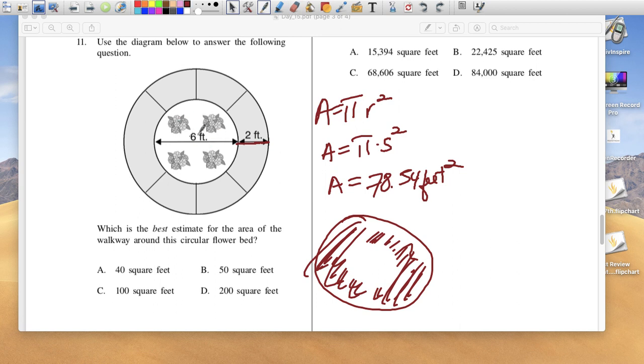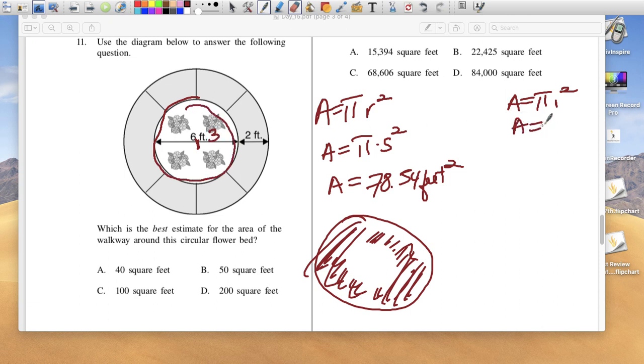So let's find the area of the small circle. Again, A equals pi r squared. The diameter of the small circle is 6, which means the radius is 3, right?